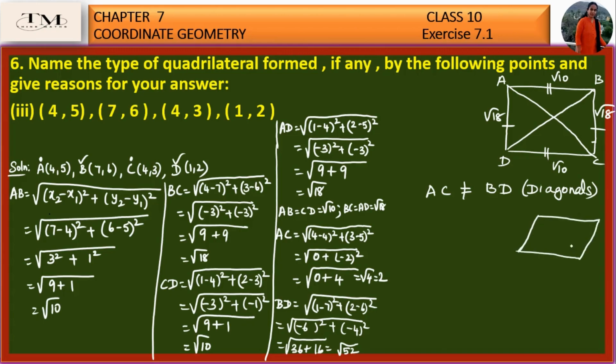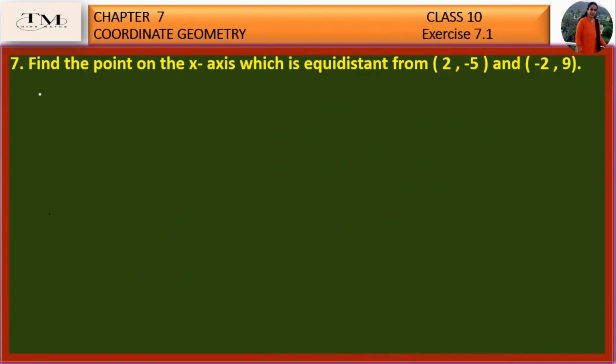In a parallelogram, opposite sides will be equal. So we get ABCD is a parallelogram. Okay, children, I hope you can understand the sixth problem. So moving on to the next problem in the next page.